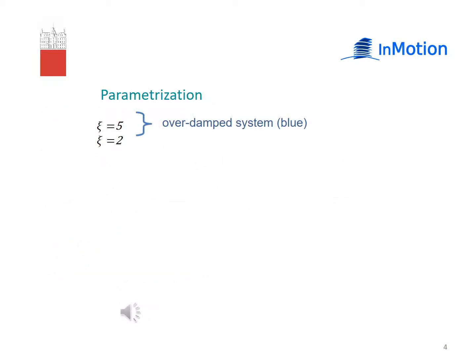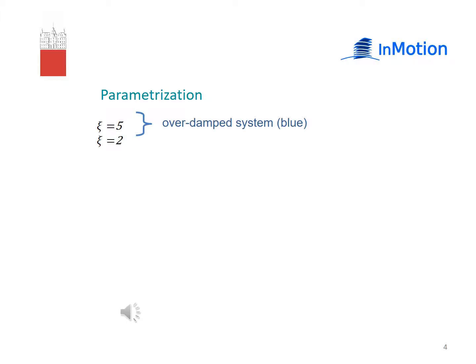Let's observe how changes in damping coefficient influence the system response if a unity step input signal is applied to the system. We would like to observe four main situations. The first one is where zeta is greater than 1, and in such a situation the system is defined as overdamped.